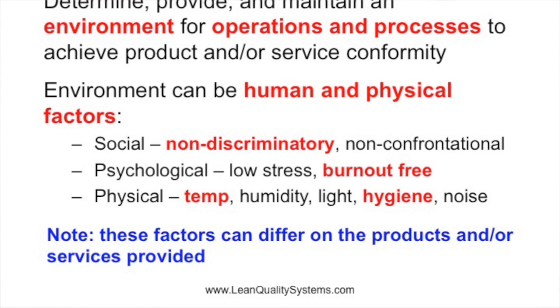We don't want to burn out our employees by taxing them with not just work, but their mental capacity. Physical. We have temps, we have humidity, the lights, the hygiene, the noise. We want to make sure that everything in the organization is suitable for people to work in it, and they do a good job. These factors can differ on the products and or services provided, obviously.